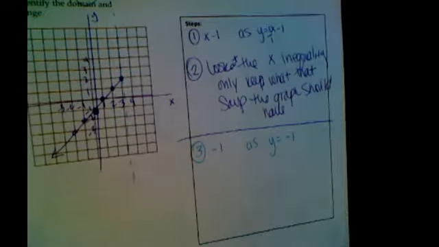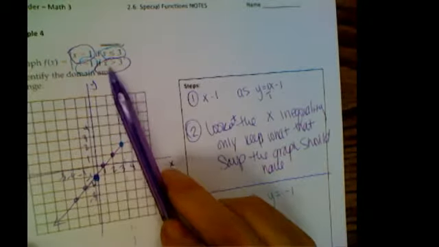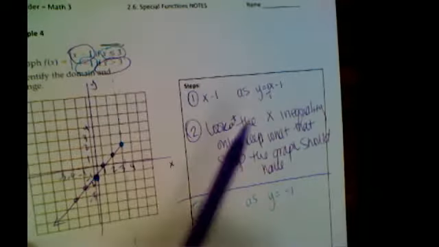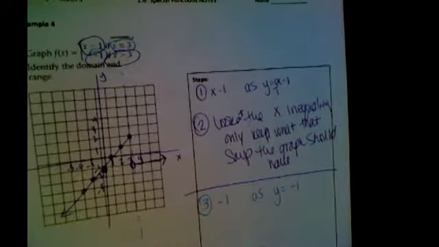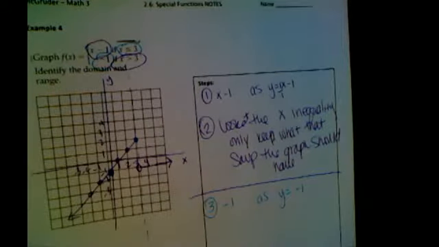Then I need to look at the inequality. The inequality says the only part of that line that I want is to the right, because greater than 3. And it's not equal to. So it wants me to have an open circle right here and only that part of the graph. So notice what I did. I pieced together two different graphs. That's why it's called a piecewise function.